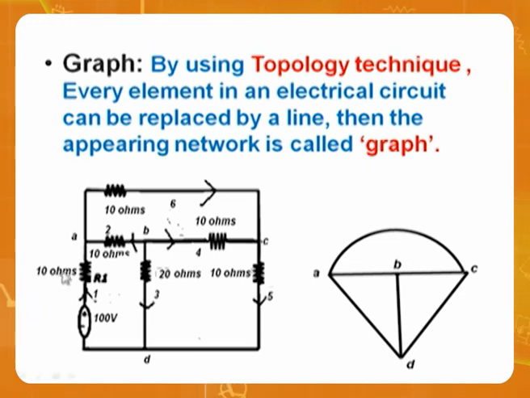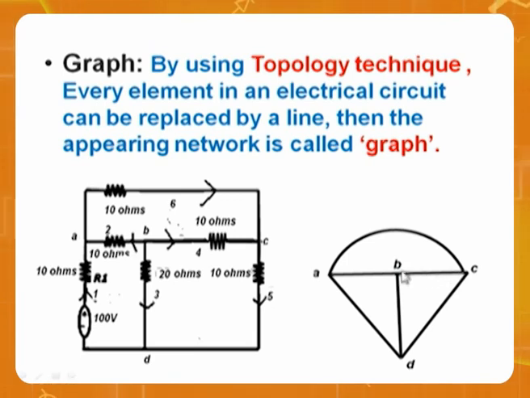I also gave the values of each element. If you observe, 10, 10, 10, outer elements I gave like this, and some elements I gave this way. So when you look at these elements and the circuit, and look at this graph, you see A, B, C are the nodes, and each node is connected with a branch.